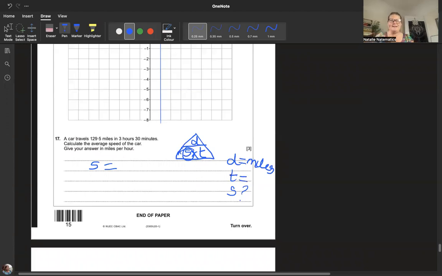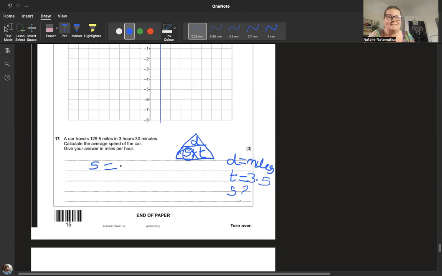Now it's got to be in decimal time. So it means 3.5 hours, because here it's talking about miles per hour. So we need to make sure that our time is in hours. So therefore 3.5 as opposed to 3.30, okay? 0.5 of an hour is 30 minutes.